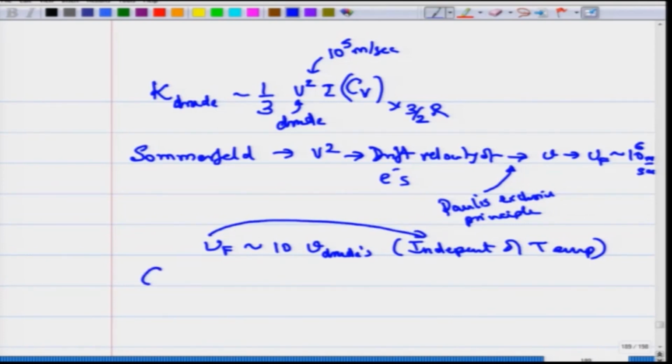Now, the specific heat of the electron per unit volume from Sommerfeld's model was equal to gamma times T, where gamma is the Sommerfeld's constant, times temperature.